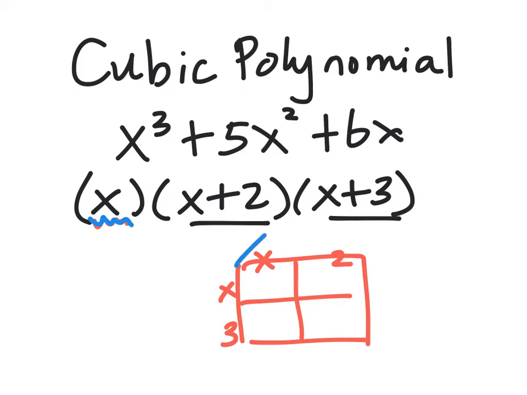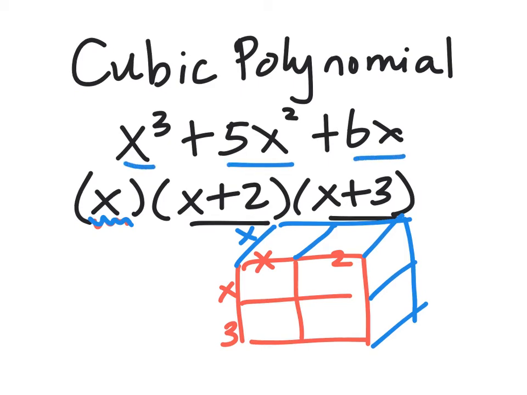If I were to add another dimension to this generic rectangle, I'll create a three-dimensional box. And the width of this box is going to be x. Now for homework, you're going to explore where the x cubed, 5x squared, and 6x can be represented, or how they can be represented using this cubic model.